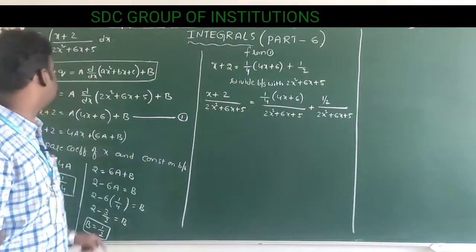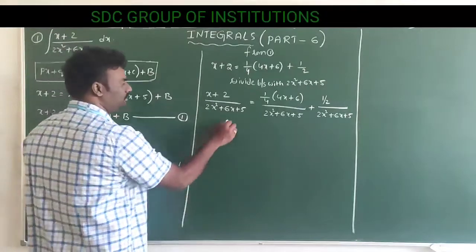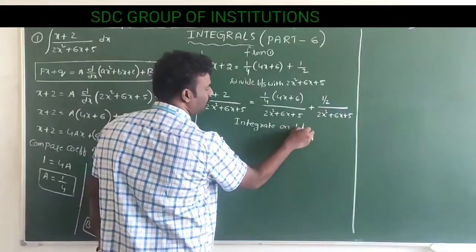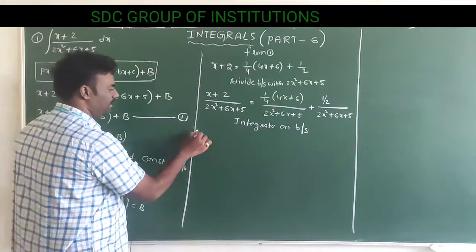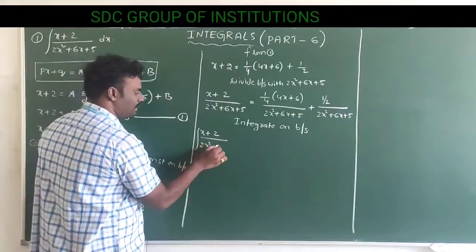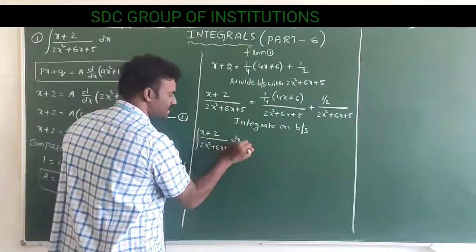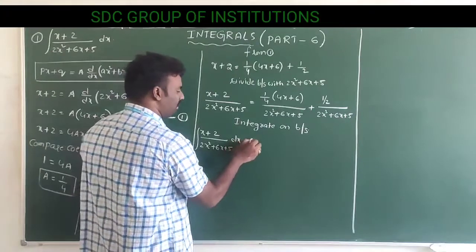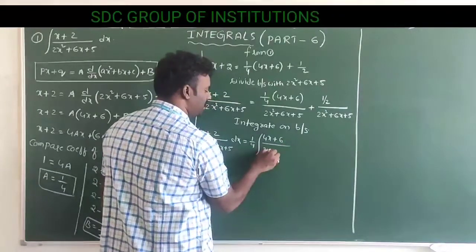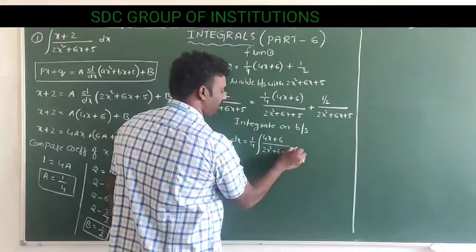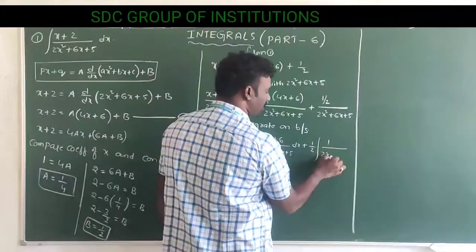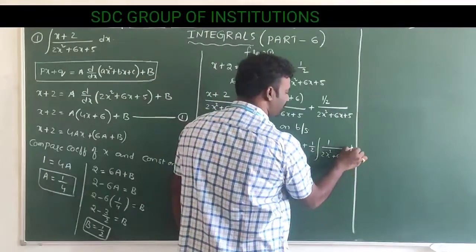Now division over. Next, integrating on both sides. Now the left side integrating, integral (x + 2) / (2x² + 6x + 5) dx equals 1/4, constant I will write outside, integral (4x + 6) / (2x² + 6x + 5) dx plus here 1/2 constant, 1/(2x² + 6x + 5) dx.